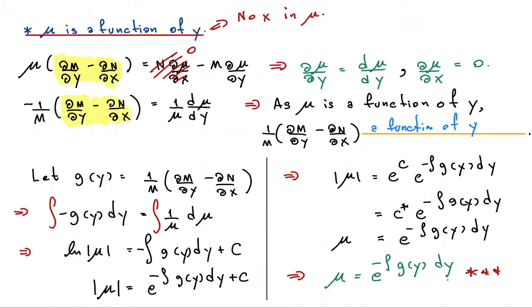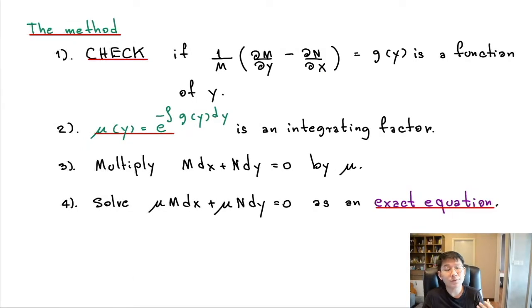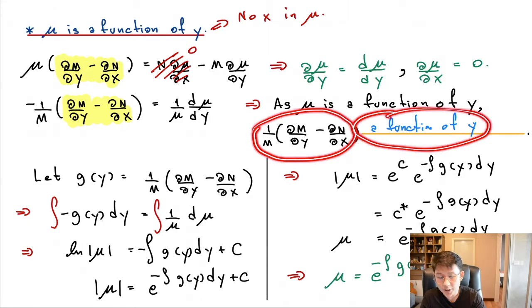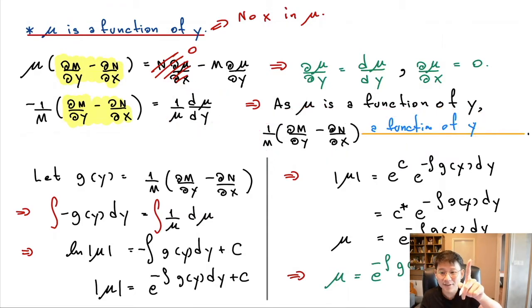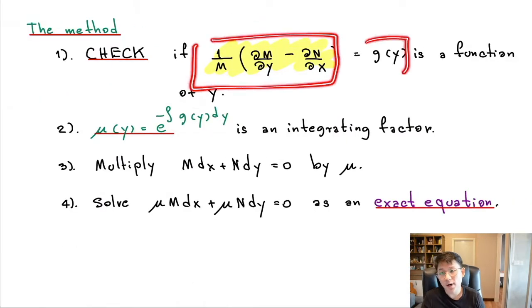So the method, when mu is a function of y: first you need to check if this is a function of y. Why? Because again, it's similar here. We have that this is a function of y. So if this is a function of y, we have that mu is a function of y as well. It's the other way around. See? So if you can check that this is a function of y, you get gy.